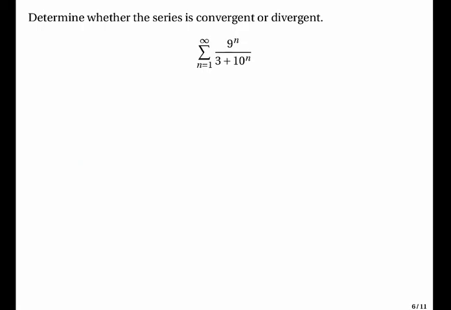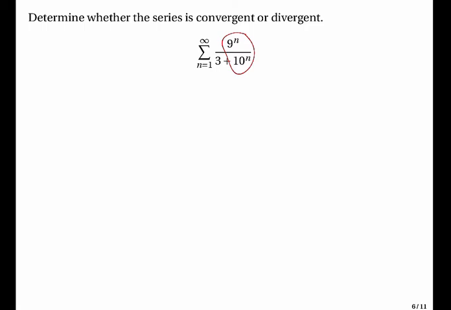Next, here we have the sum of 9 to the n over 3 plus 10 to the n, where n runs from 1 up to plus infinity. If we look at this, an obvious series that we can use is the one which involves these two terms.